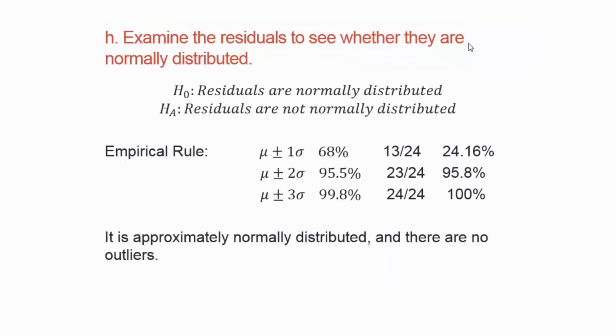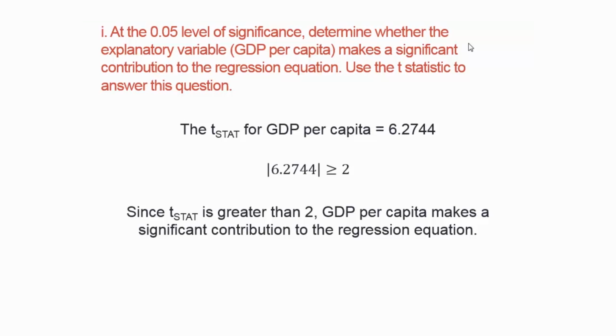And I had no outliers. All the values were within 3 standard deviations, so that tells me the residuals are normally distributed. And my t-statistic tells me that there is a highly significant relationship between GDP per capita and the social media usage percentage.